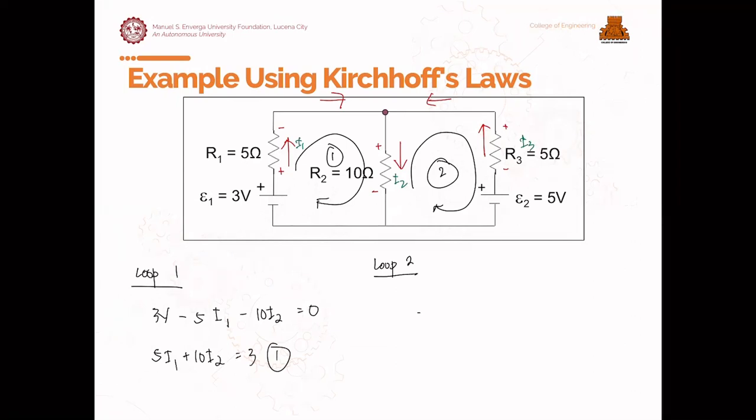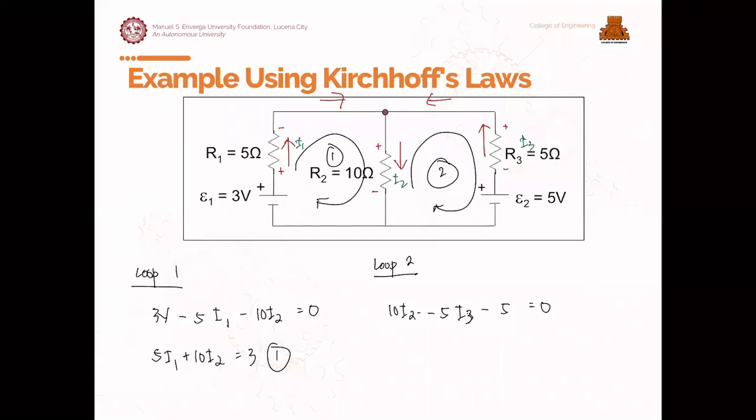Loop 2, so that will be 10I2 minus 5I3 minus 5 is equals to 0. Okay.